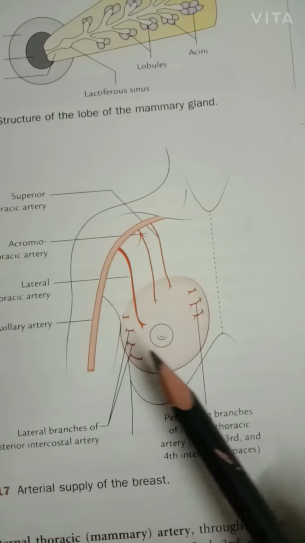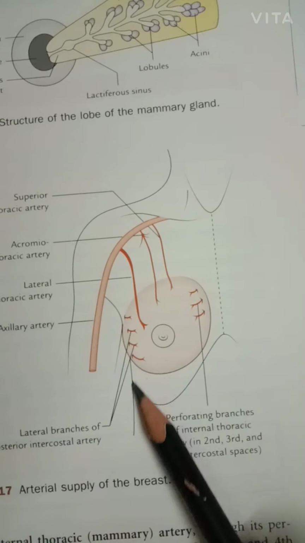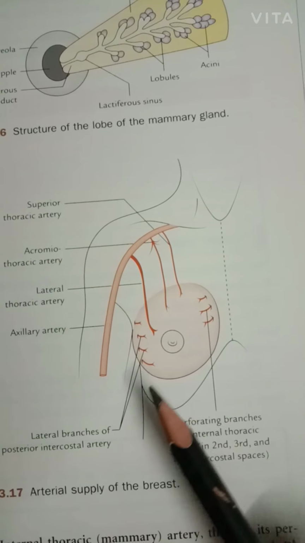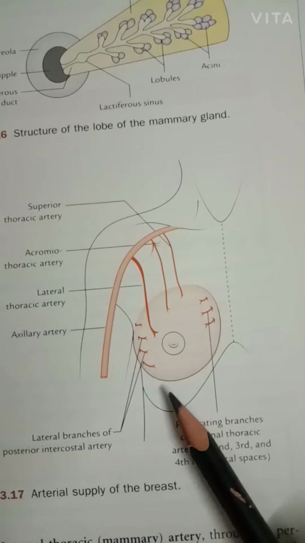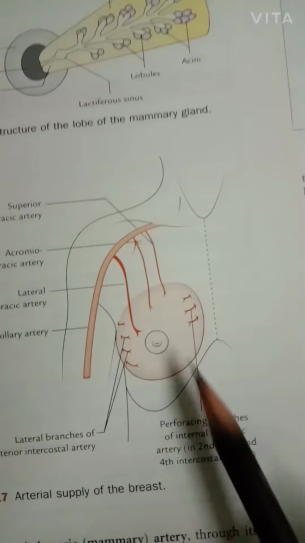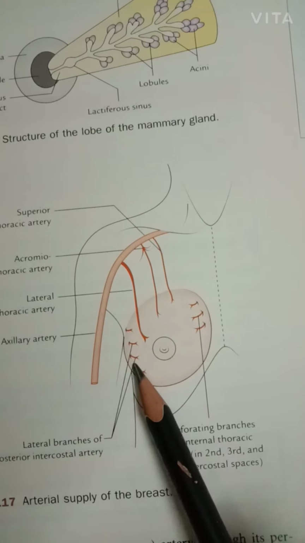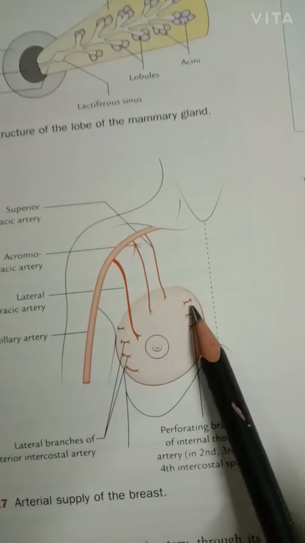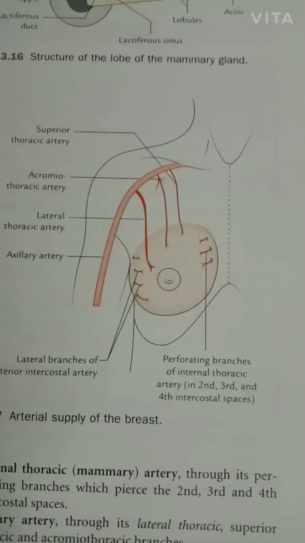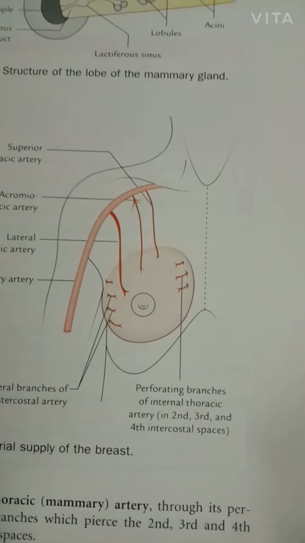Then the venous drainage. The superficial veins drain into the internal thoracic vein and the superficial veins of the lower part of the neck, and the deep veins drain into the internal thoracic, axillary, and superior intercostal veins. After that, the nerve supply.